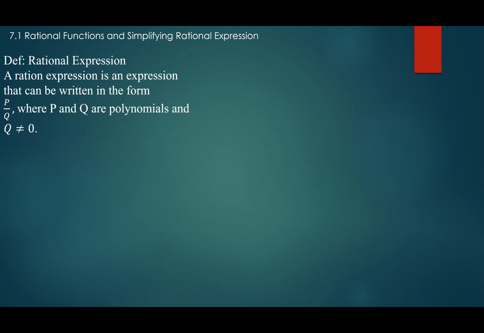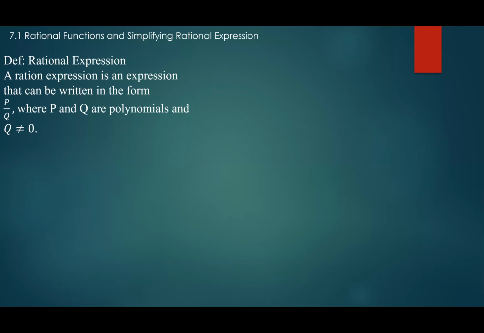So basically, a rational expression is just the same as a fraction, ladies and gentlemen. If we work with the fraction 7 over 8, we say that is a rational number. The only reason we say rational expression is that the fraction you are dealing with will have some x variable or some y variable in it.